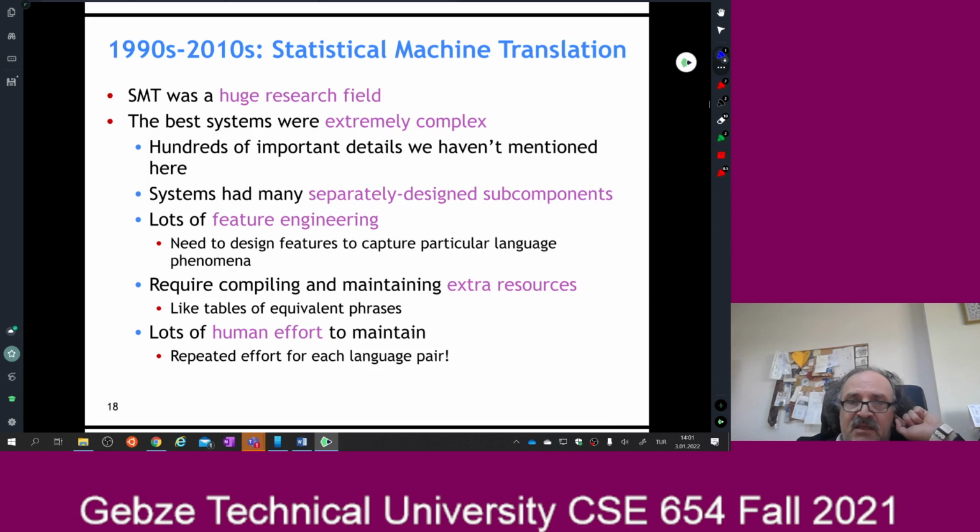You don't say in Turkish kedi köpek gibi yağıyor. We don't say that. That sounds funny. So you need to compile and maintain these kinds of tables, and you need lots of human effort. That human effort means we are open to mistakes. So lots of work was done on this field, but at the end we didn't come to very good conclusions.